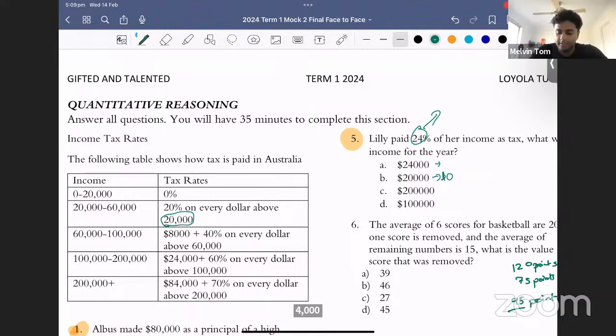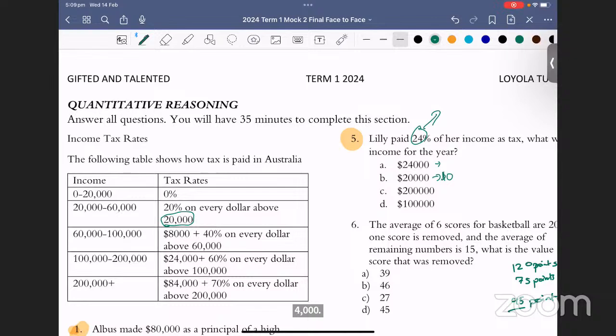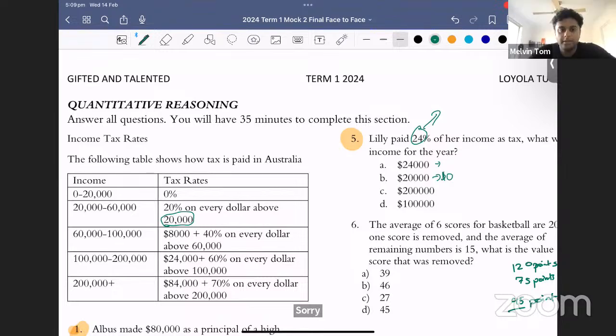And what's 20% of 4,000? 800. Yeah, good man. $800. Is 800 24% of 20,000?